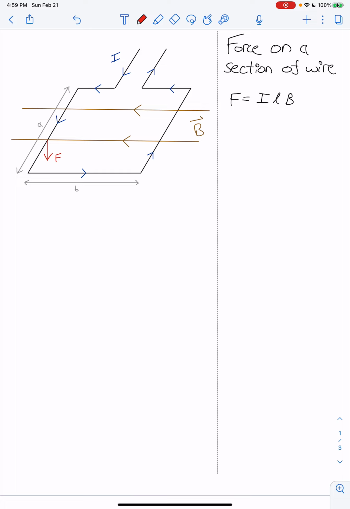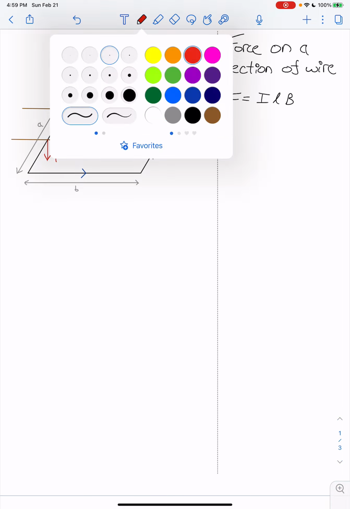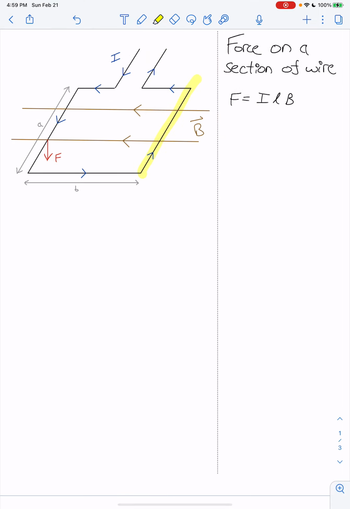On the other side, we have a current going essentially upwards, and we cross it with the magnetic field, and in that case the force is going to be upwards.